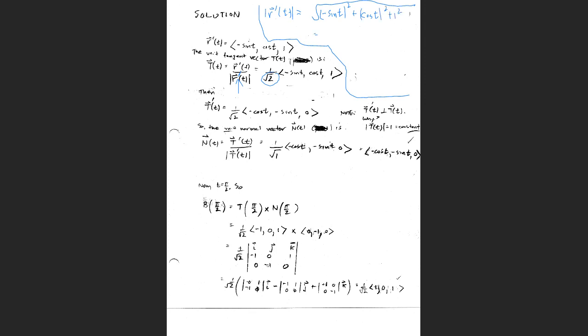Okay, and like you said, sine squared plus cosine squared of t equals 1. And so that's how you get square root of 2.